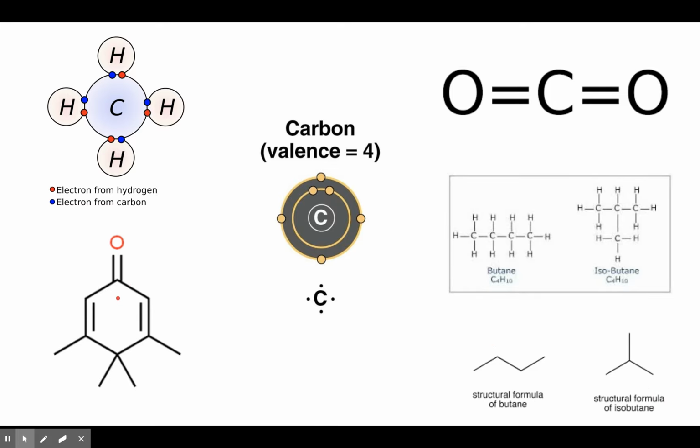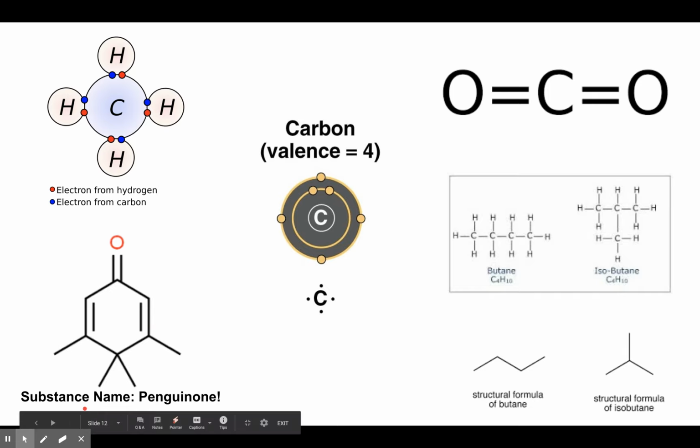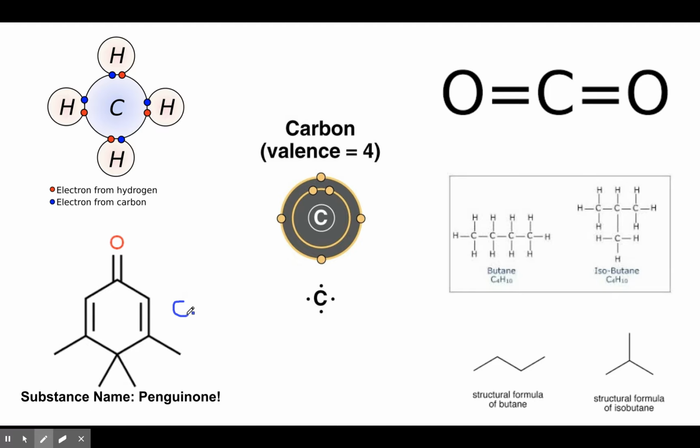So the last thing that we did in class is I asked you to look at this molecule called penguinone, and I asked you to find the chemical formula. And the way that you do that is you first got to identify what are the 3 types of atoms here, where you have carbon, hydrogen, and oxygen that are making up this molecule.